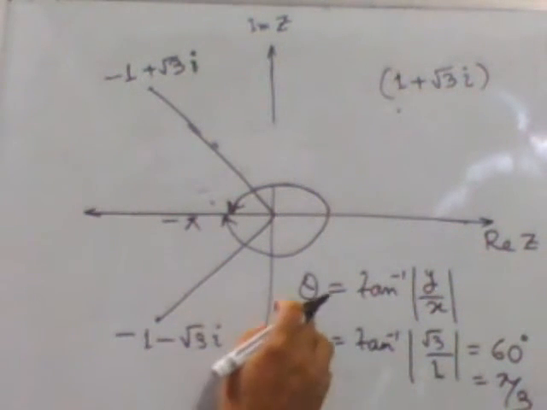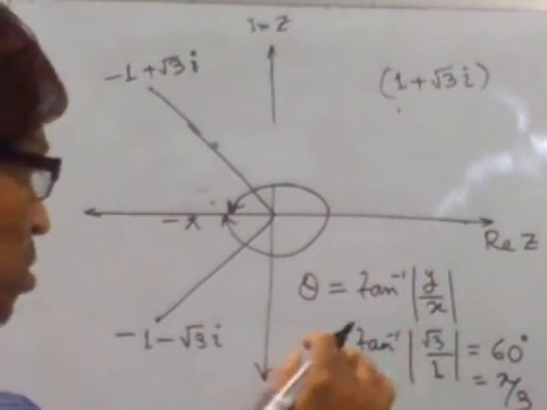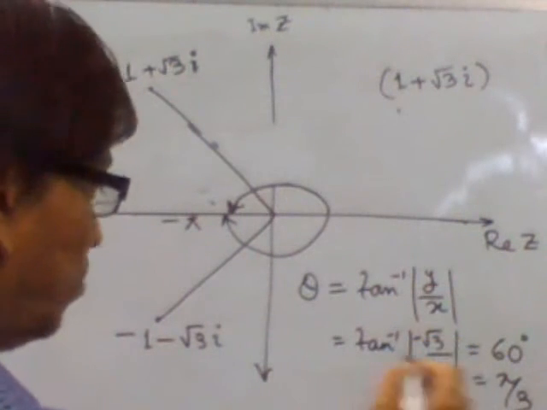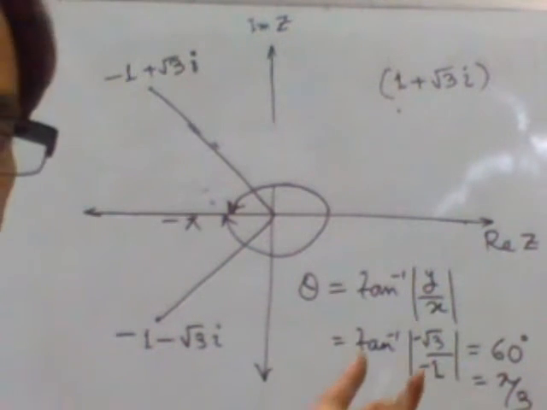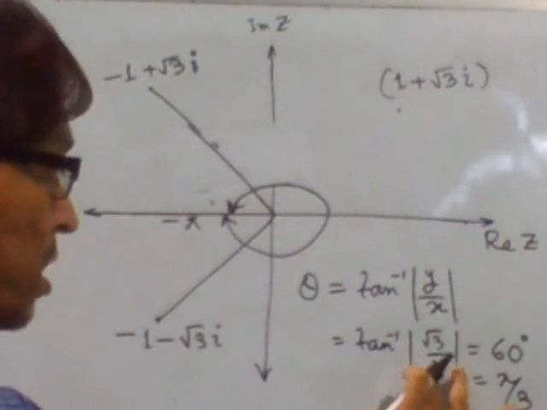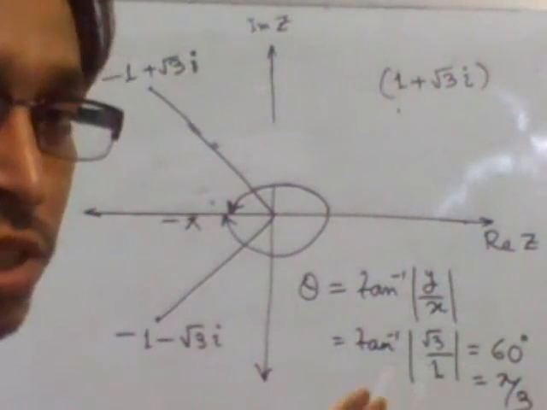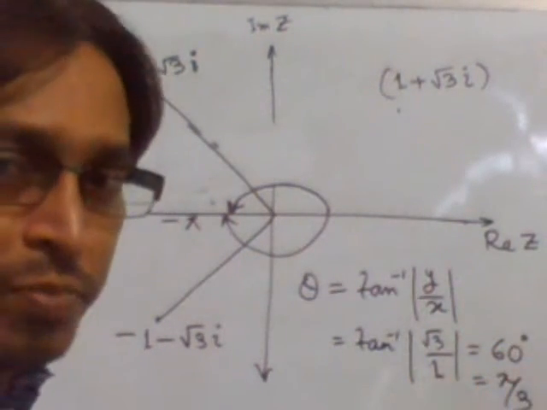Just in the same manner, you find theta is equal to tan inverse modulus of y by x. So here it will be minus root 3 by minus 1, because your y is minus root 3 and your x is minus 1. As they are inside the modulus, the minus signs will be cancelled. You don't take any minus sign, all the signs will be positive because it is inside the modulus. So the principal value again will be pi by 3.